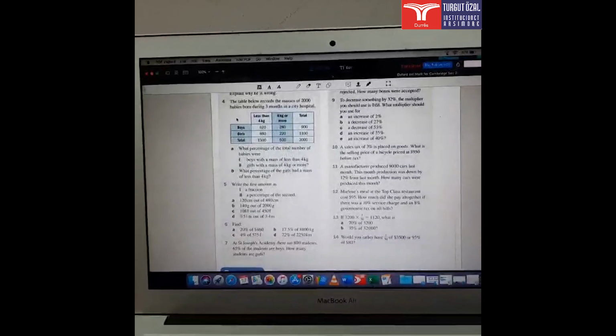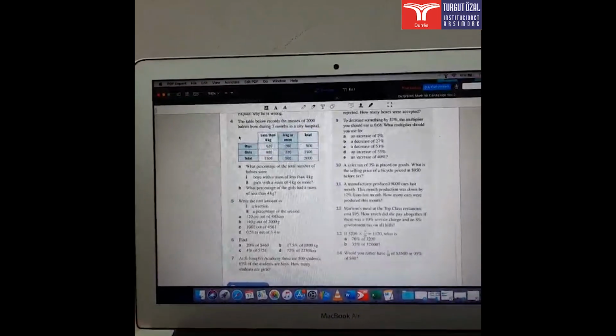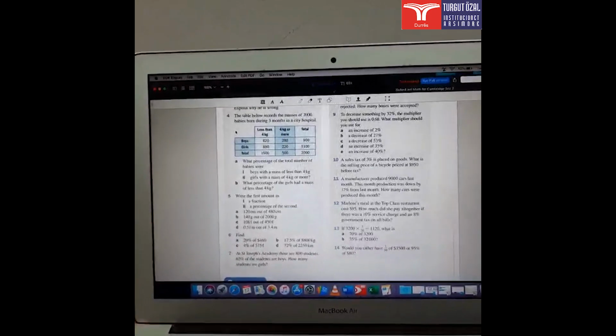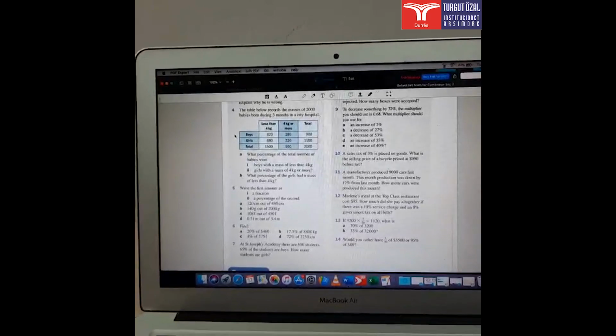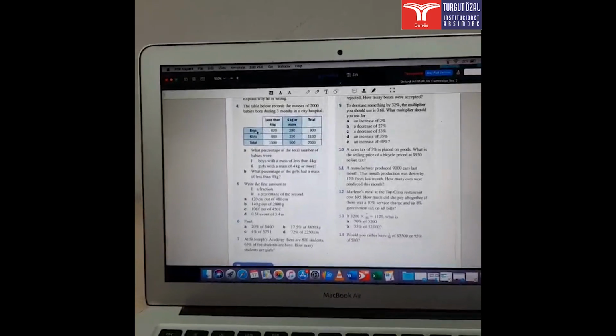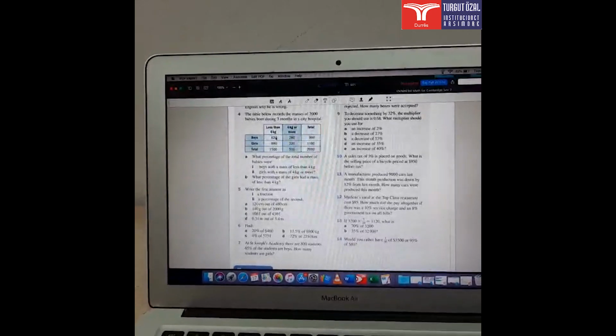Let's continue with exercise 4. The table below records the masses of 2,000 babies born during 3 months in a city hospital. Let's read the table. The number of boys less than 4 kilograms is 620.